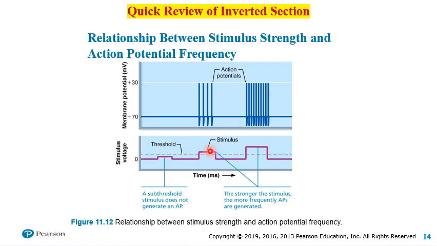If your signal is strong enough to cause action potentials, and not only one but several of them, they are going to be firing, and depending on how strong your signal is, that is going to tell what the frequency of your firing for the action potentials is. But if you look at the magnitude of each individual action potential, that is going to be the same.